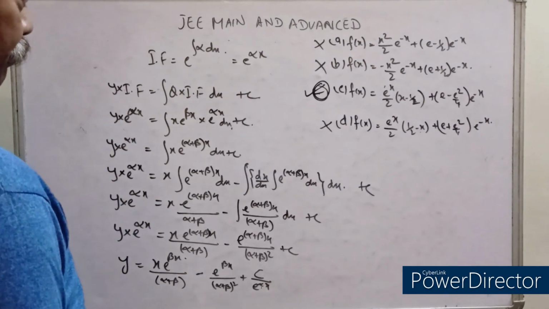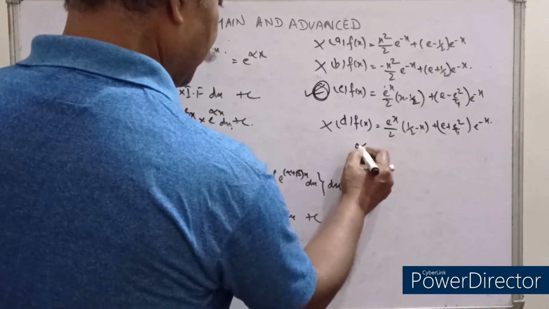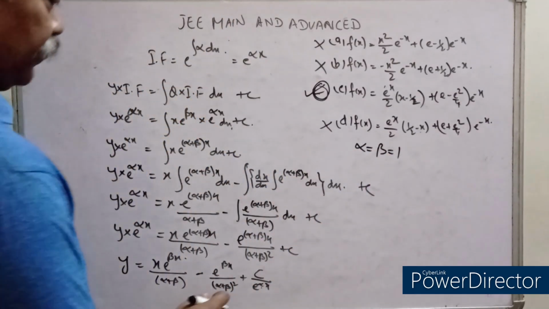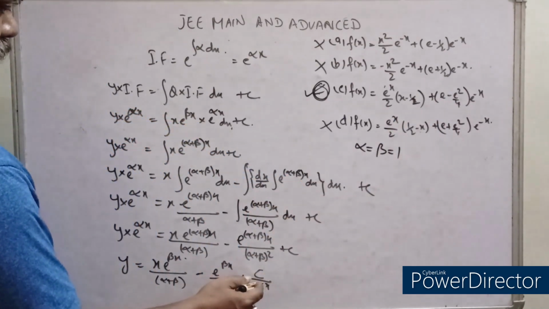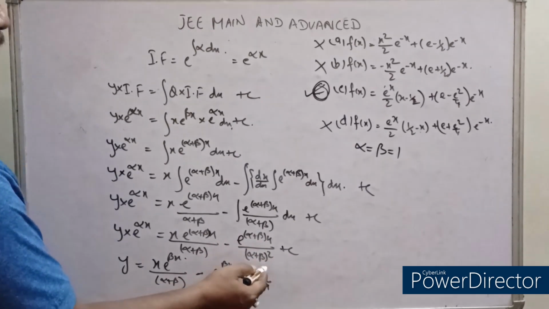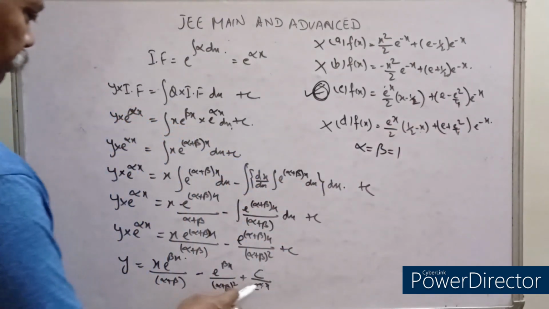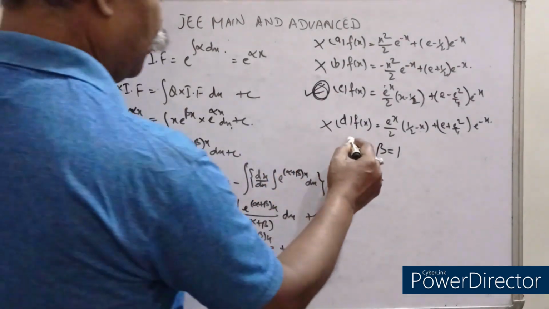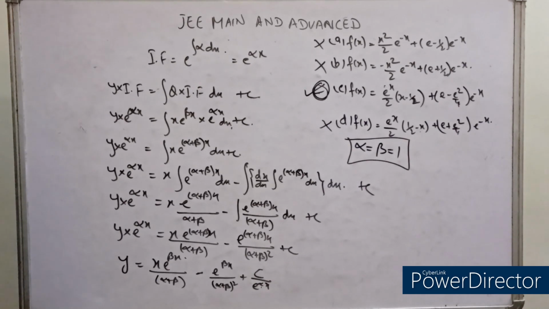So I am going to take alpha equal to beta equal to 1. Because if you take alpha minus 1, then this will be minus when it moves upward, and in the numerator it will become plus x, but here it is minus x, so alpha and beta are 1. This is the presence of mind you have to apply while solving the question.